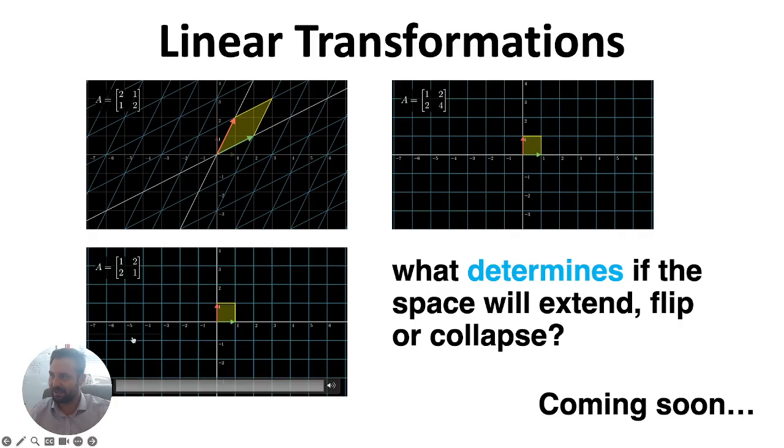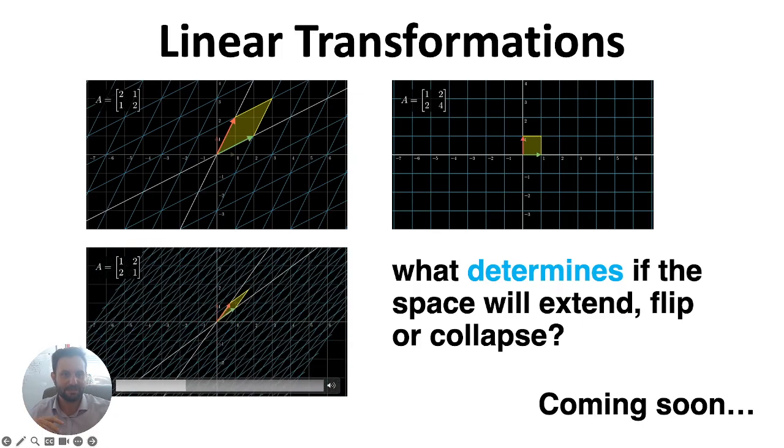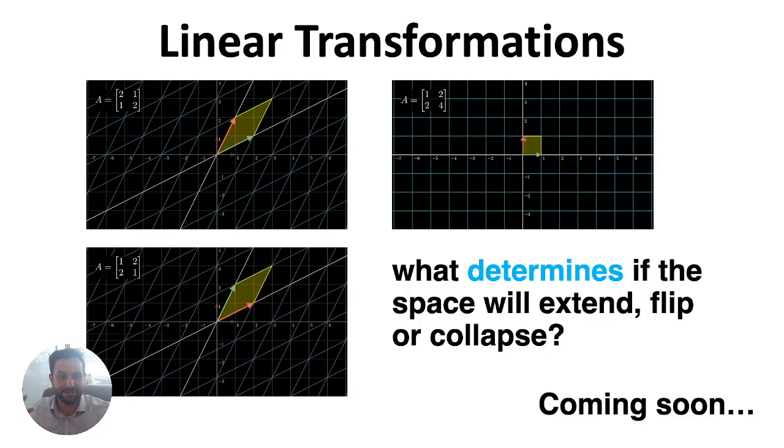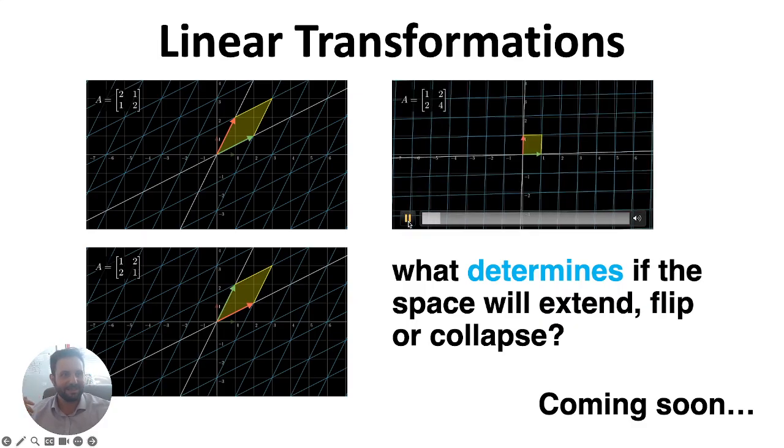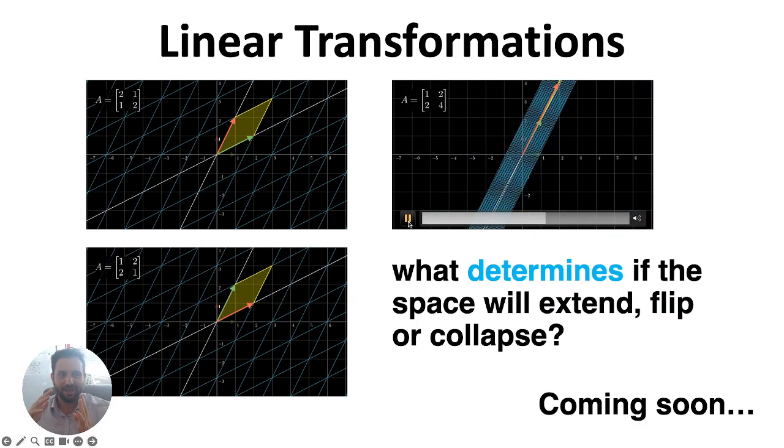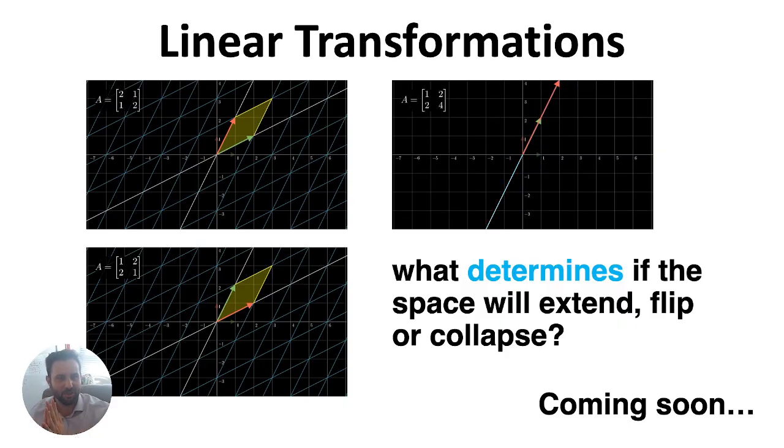And this other one, 1 2 2 1, takes this space and swaps it and makes a new shape. So the data points go to their new locations. And let's take this matrix 1 2 2 4. When it takes the input, it just collapses all of them onto a line.